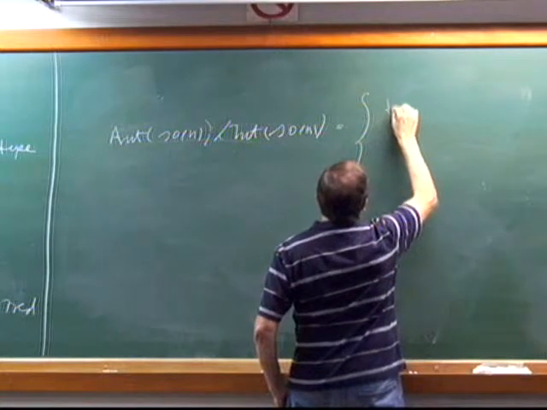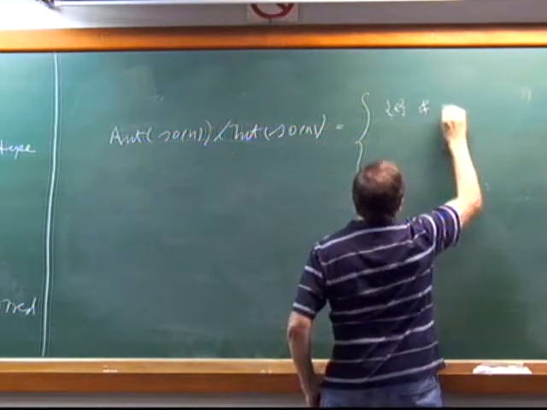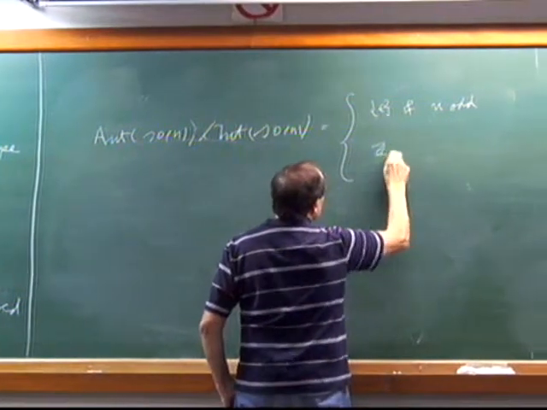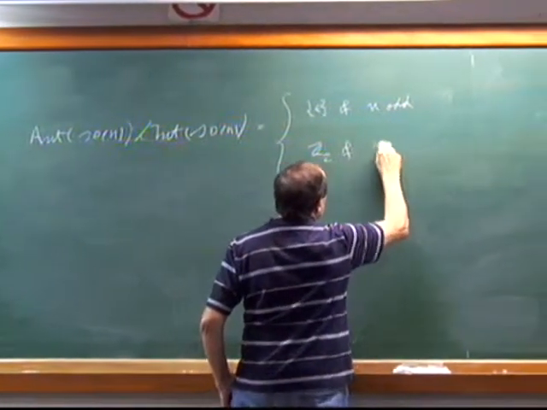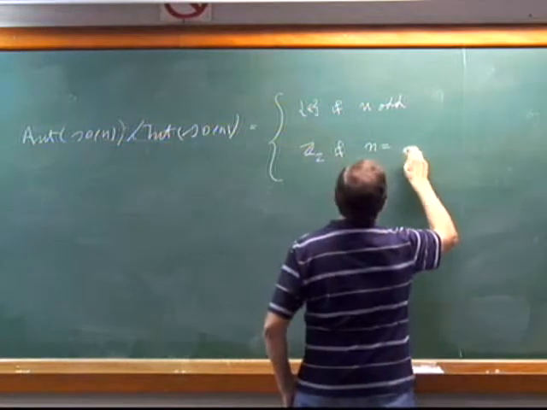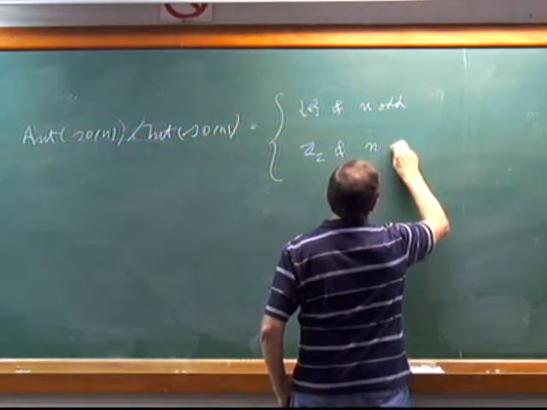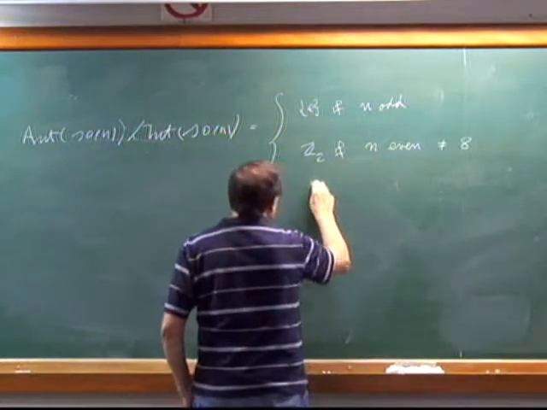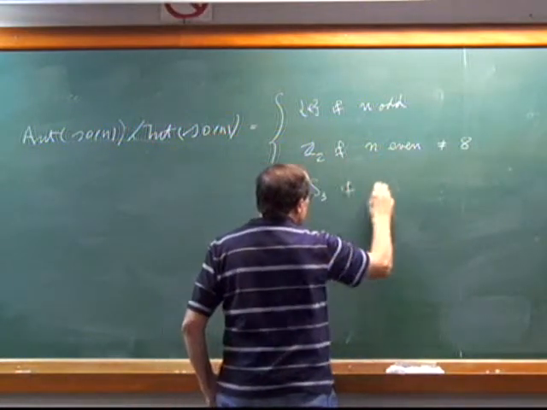It's trivial if n is odd. It's Z2 if n is even and not equal to 8. And it's the symmetric group on 3 letters if n is equal to 8.